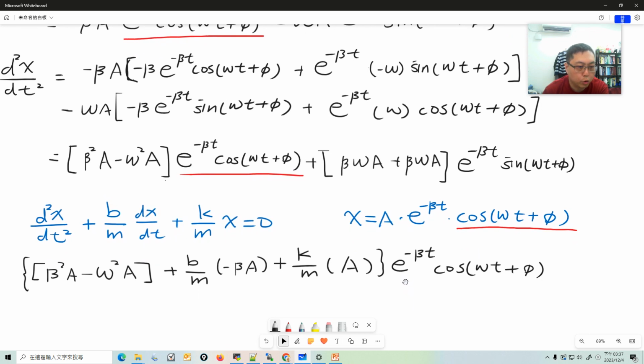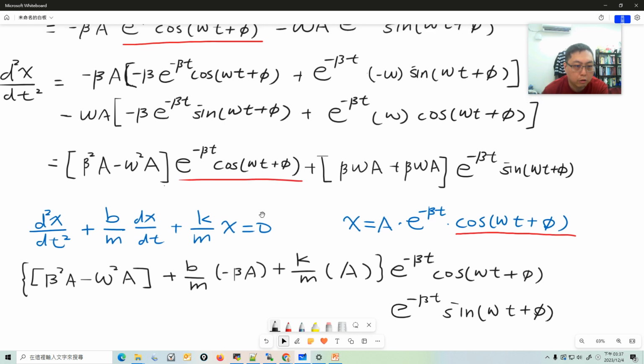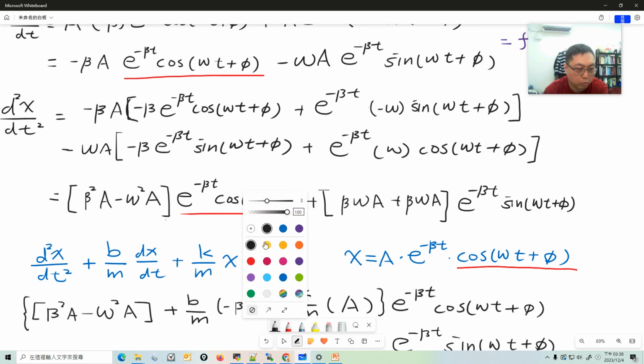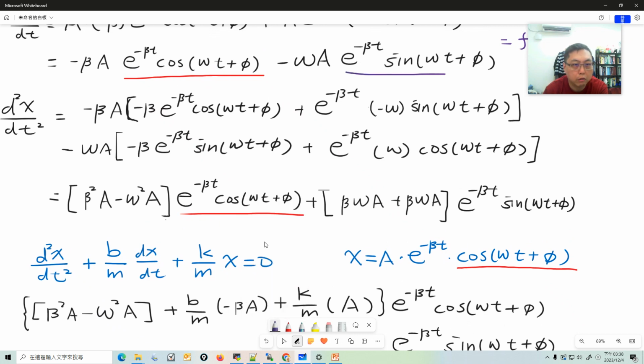Next, we group all the terms with exponential minus beta t times sine of omega t plus phi. We group the second term together. So what's our second term? Here is one, and here is another.